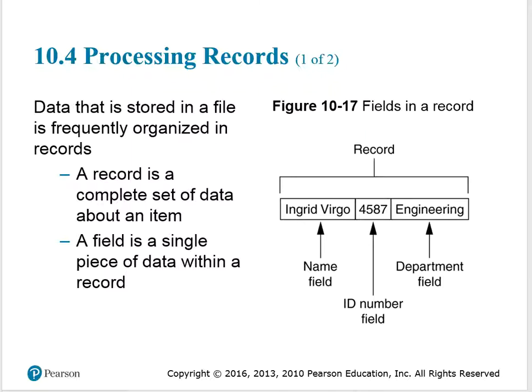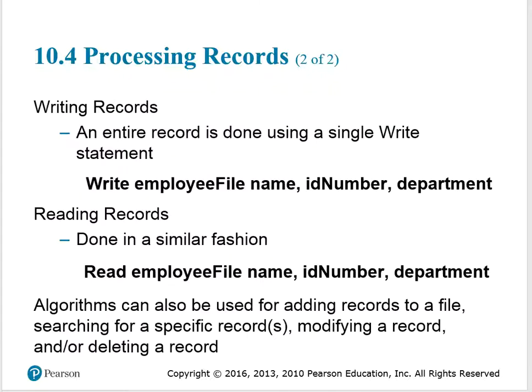Okay, so for this Figure 10, you would be able to see that one record in here contains different fields, such as Ingrid Virgo, 4587 for the ID number field, and Engineering for the department field. Now, in the pseudocode given on this screen, we're going to write an entire record using a write statement.